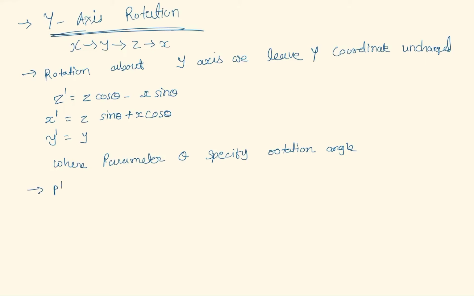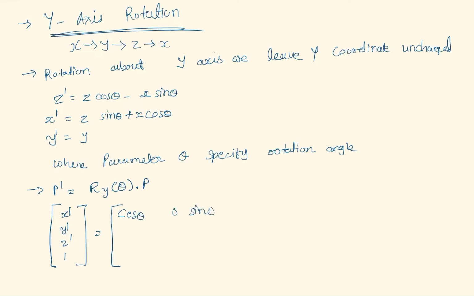So the matrix equation is written as P dash is equal to R y theta into P, and the equation, that is [x dash y dash z dash 1], equals the rotation with respect to the y axis: cos theta 0 sin theta 0, 0 1 0 0, minus sin theta 0 cos theta 0, and 0 0 0 1, into [x y z 1].